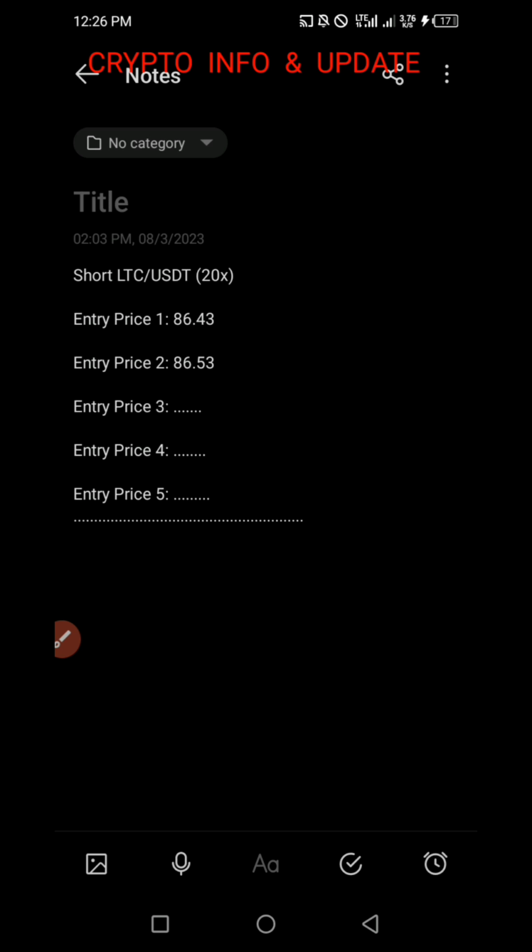Entry 2 is 86.53. Entry 3 is blah blah blah. Entry 4, it continues. But I will just do only two. If the signal you were given, or the one you got from your analysis, has up to entry 3, you can apply the same method I will use for entries 1 and 2. So how do you place multiple entries in your futures trade?